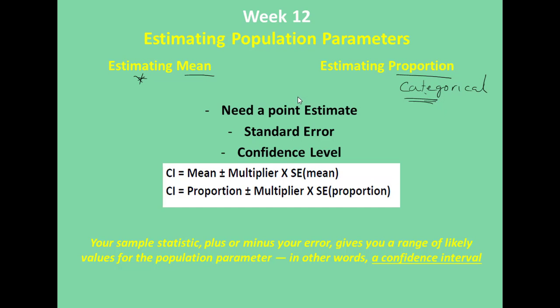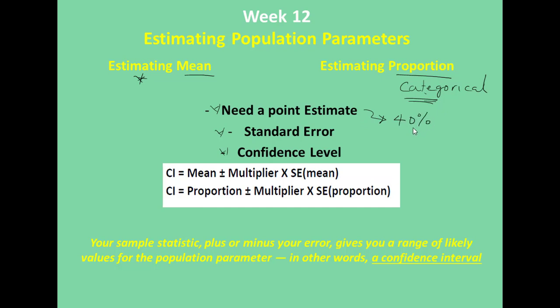In order to estimate population parameters using sample statistics, you need the point estimate, a standard error, and a confidence level. The point estimate is taken from the sample itself. Let's say you sample from a certain population and you are interested in the proportion that drink alcohol, and you find 40%.